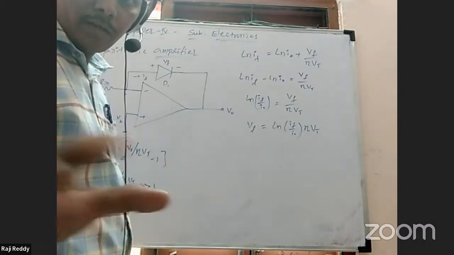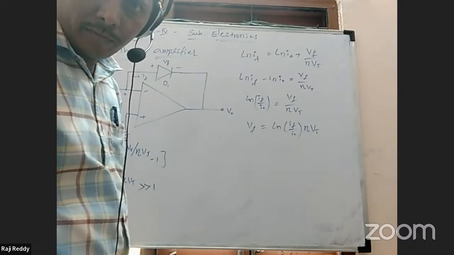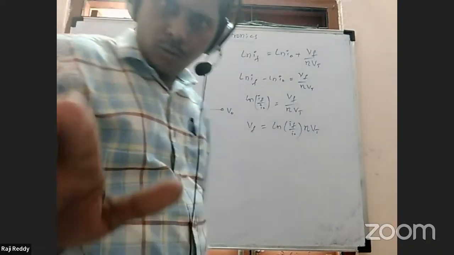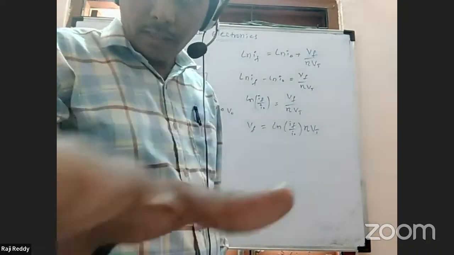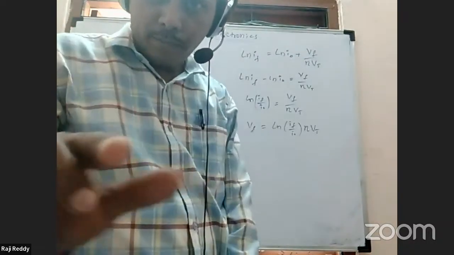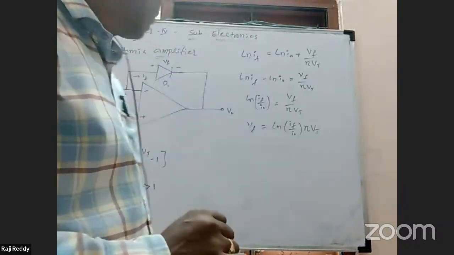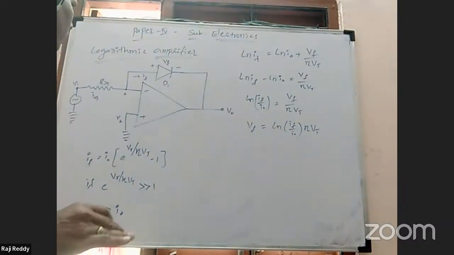In that logarithmic amplifier, someone has asked about the logarithmic amplifier. I don't know your name now, I'm reading based on that Zoom app name only. They're saying logarithmic amplifier.